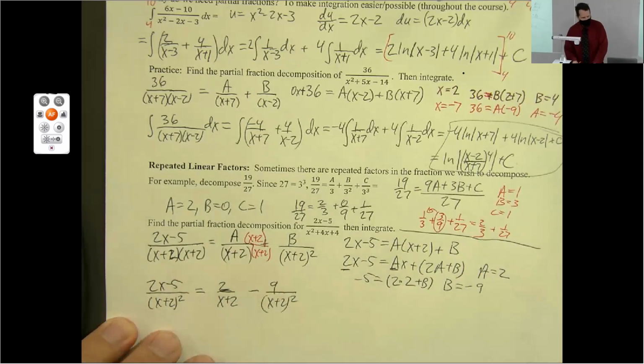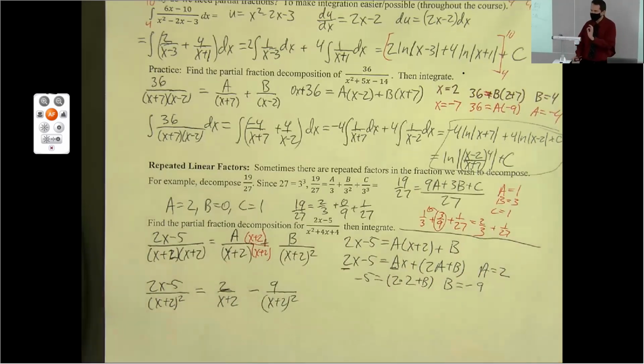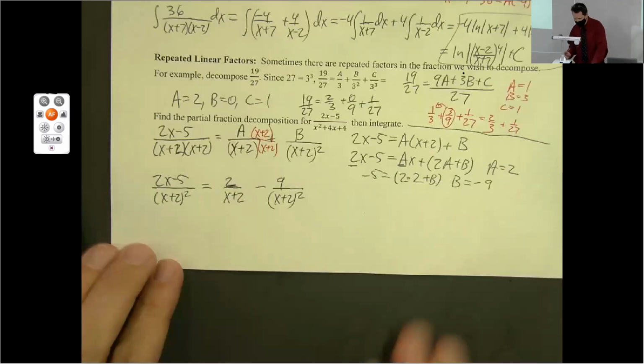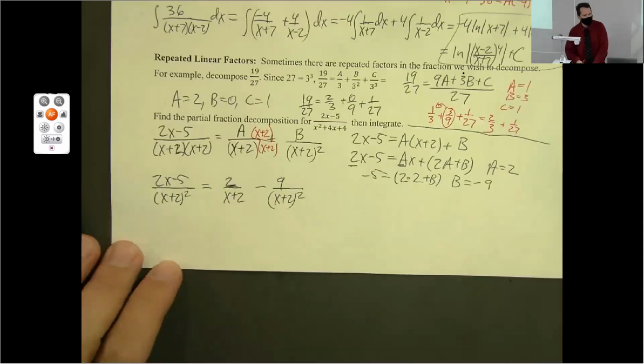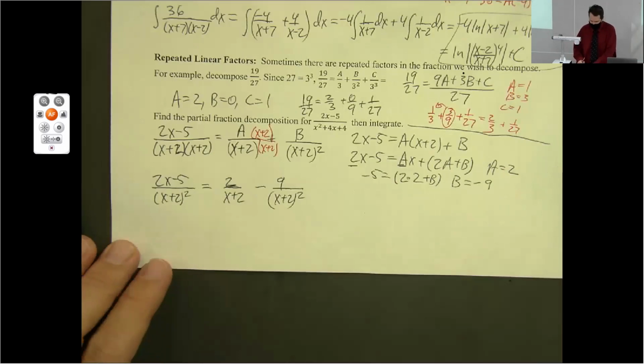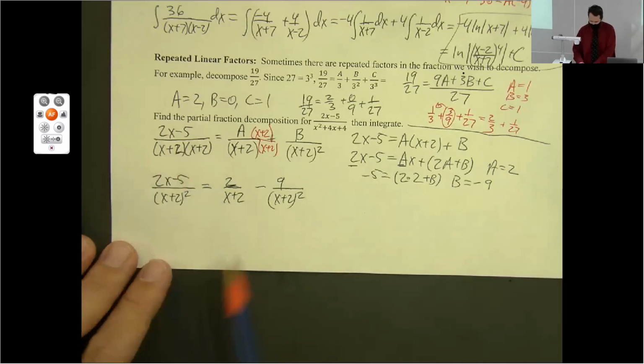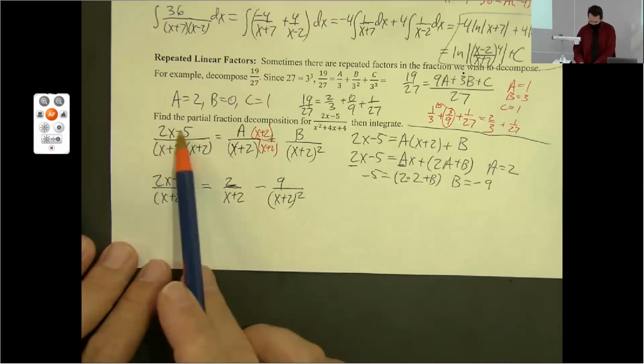Now, what I like to do right here, just to make sure that I'm still okay and I haven't made any silly arithmetic mistakes: this expression is good for every number except negative 2, so it's good for something easy like 0. So I do a quick double check. If I put a 0 in for x, what do I get?